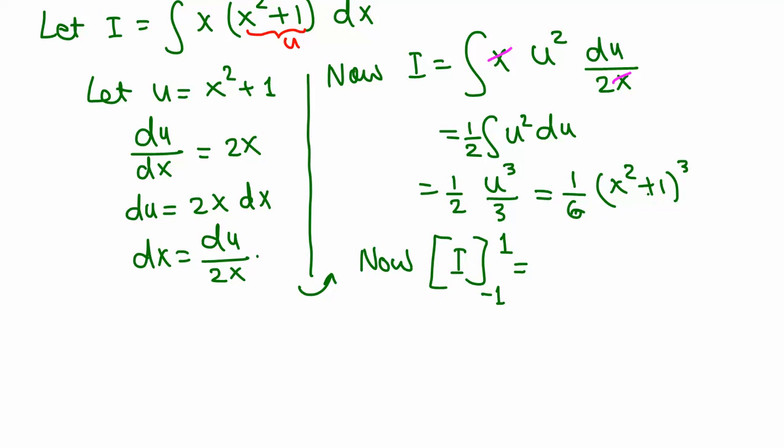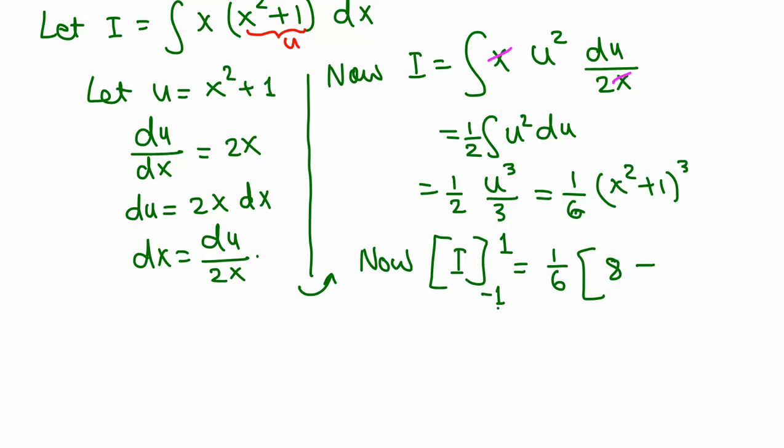Okay, so that is 1/6, which is always outside. Now the upper limit is 1, so plug in 1: 1 squared plus 1, 1 squared is 1, plus 1 is 2, 2 cubed is 8. That's the upper limit part, minus the lower limit.